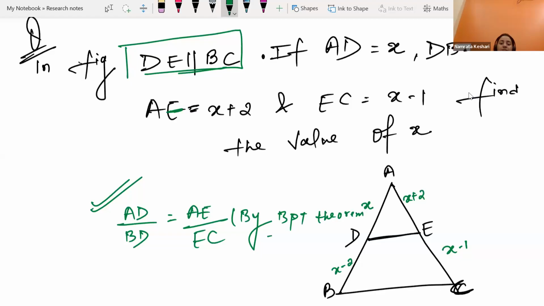Can we say that? And if we can say that, then what will be the value of x? Please find it. Are you getting it, Abdul? Ayan, are you getting it? Please find the value of x.